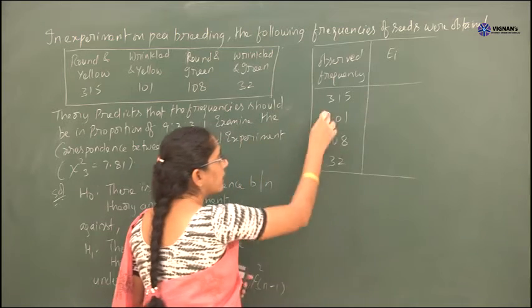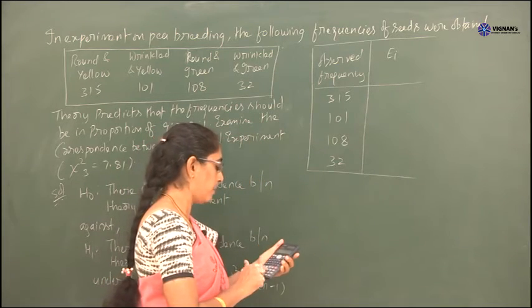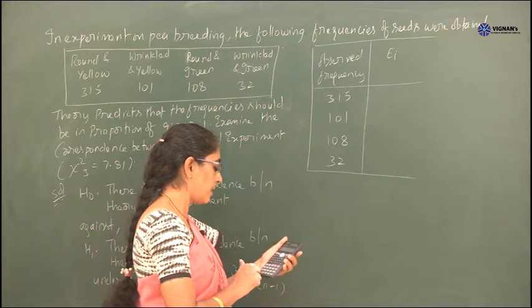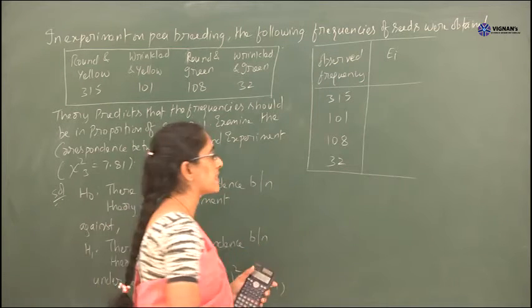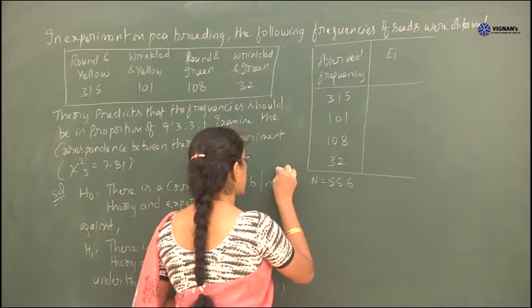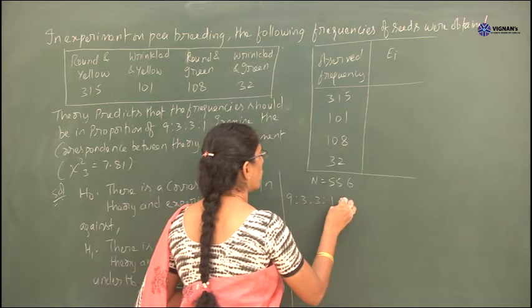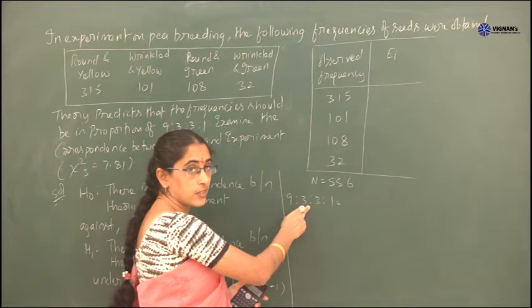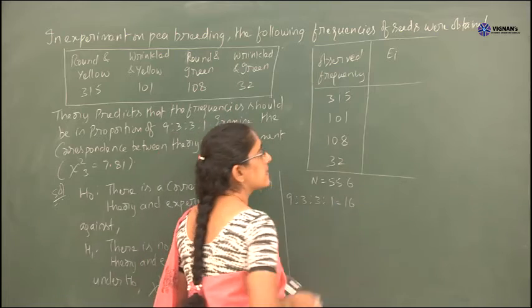First we have to find the total of observed also: 350 plus 101 plus 108 plus 32 is 556. Now the ratio is 9:3:3:1, which is 9 plus 3 is 12, 12 plus 3 is 15, 15 plus 1 is 16.